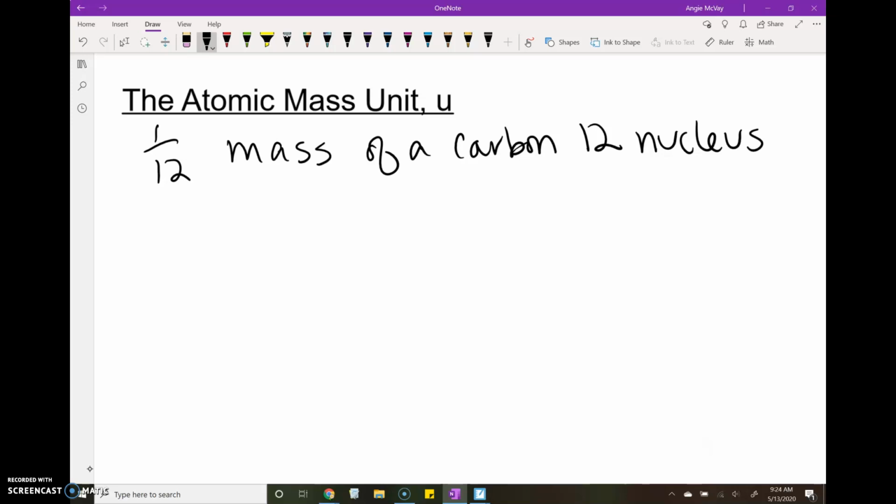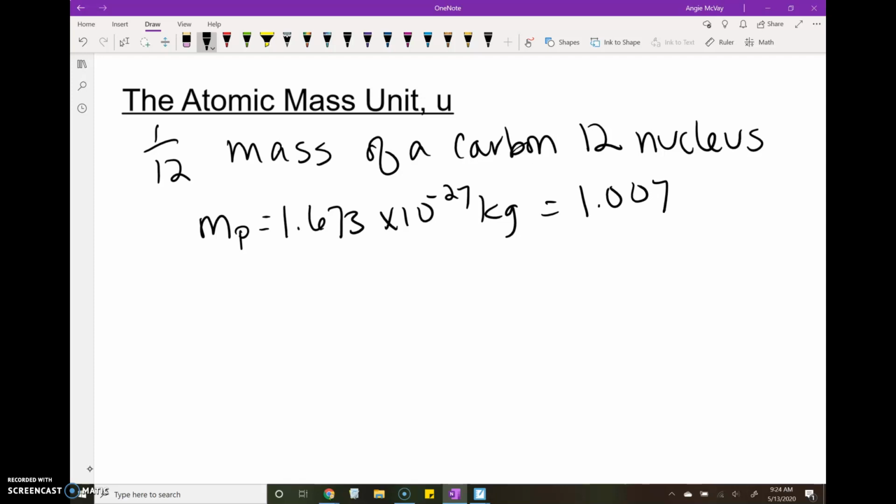In your data booklet, you would see stuff like the mass of a proton is 1.673 times 10 to the negative 27 kilograms, or it's equal to 1.0073 atomic mass units.